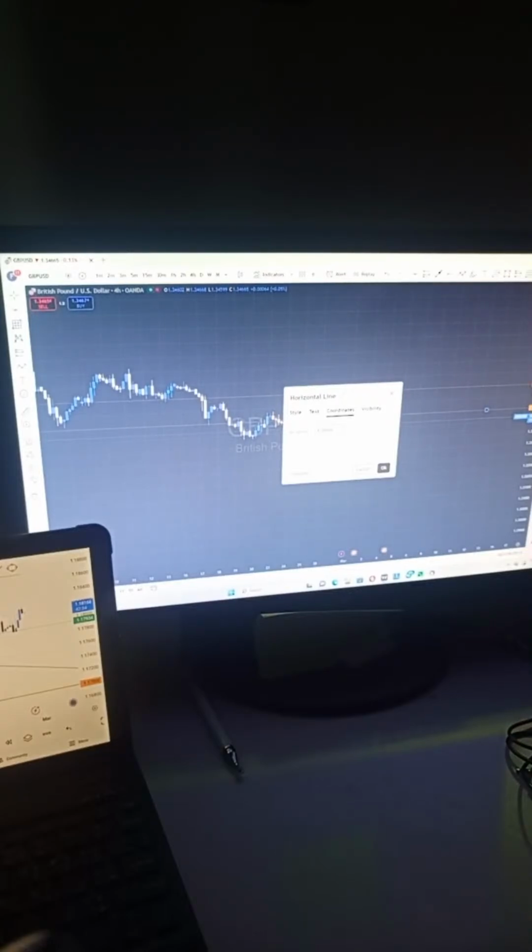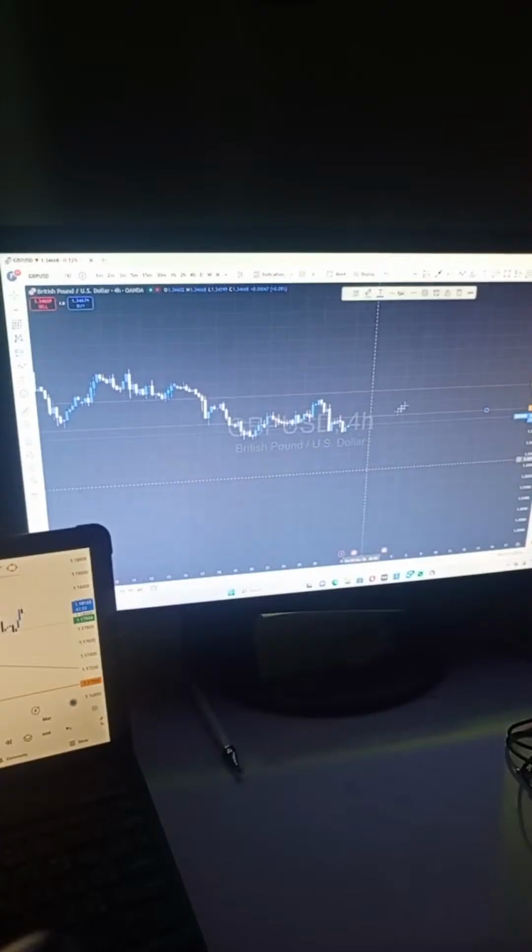Those who trade support and resistance, this is something simple that you can add to what you already know to make it easy. Now what I'll do is I'll add the size so that you all can see clearly. I believe you guys can see my screen properly and can see the lines I've drawn clearly.